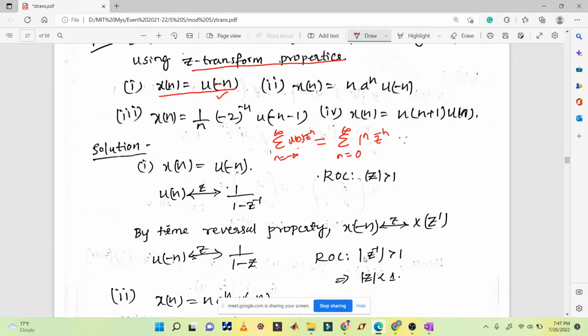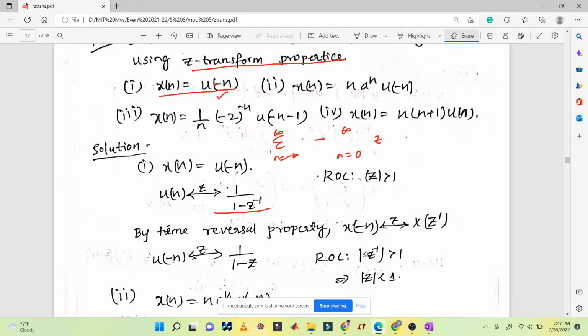Correct? This signal we can write like this. Then what it means is, here we have 1 power n. Our equation is 1 divided by 1 minus a; instead of writing that, we write 1 divided by 1 minus z inverse. Correct? So that's why u of n, already it is a standard form, so we can write u of n is 1 divided by 1 minus z inverse.